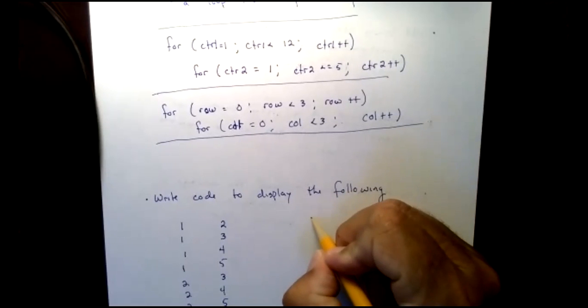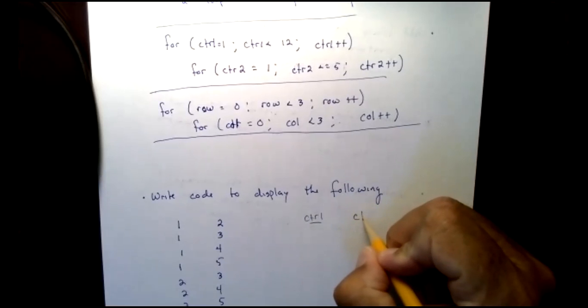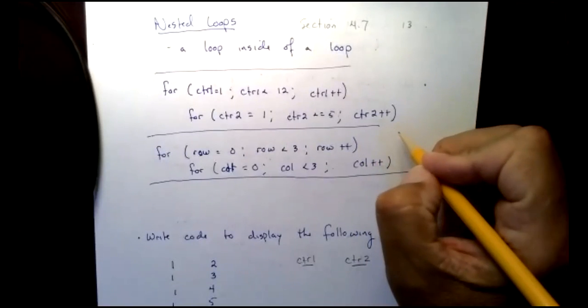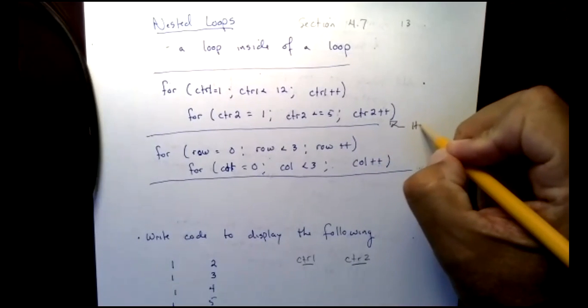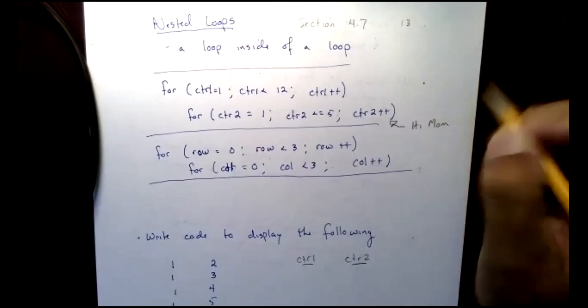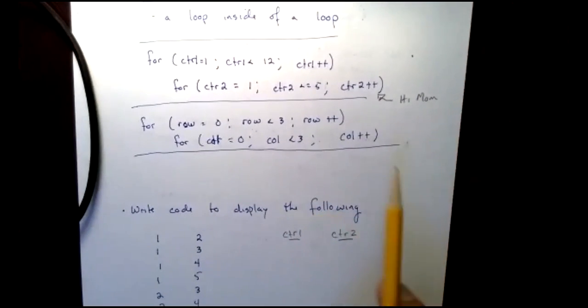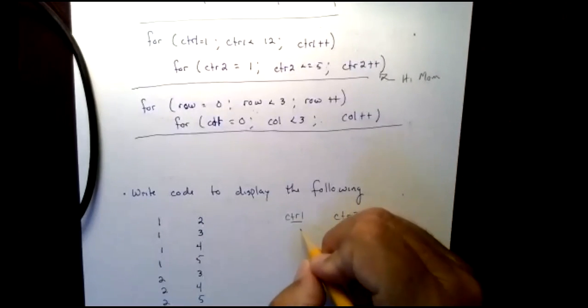So if I was to hand trace, I'd have a variable called counter 1. I'd have a variable called counter 2. And say inside this body, right, of the second loop, of what we call the inner loop, I'm just displaying hi mom. Okay? So let's see what happens. I want to know how many times this works. So my outer loop, counter 1 gets a value of 1.